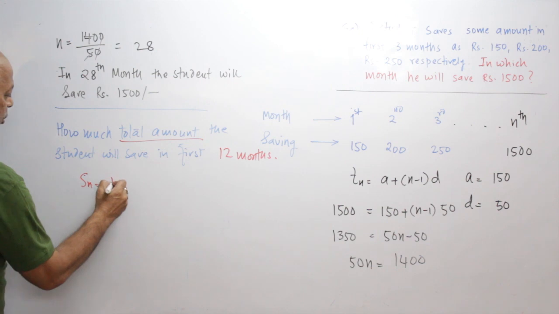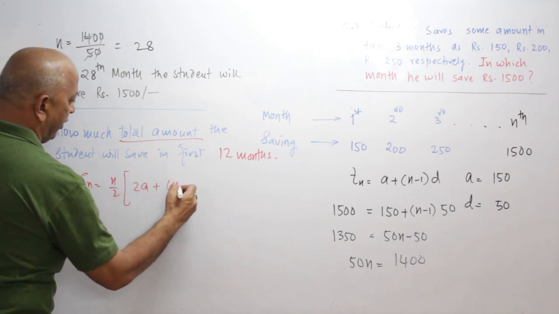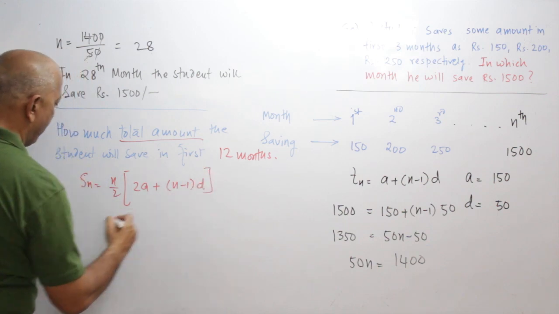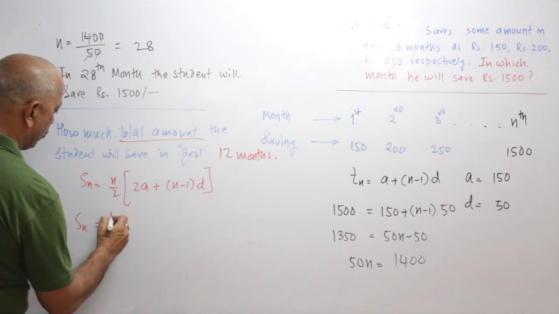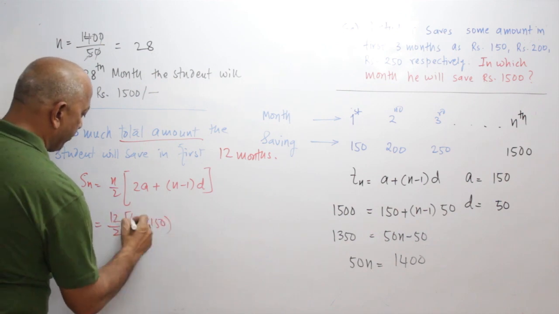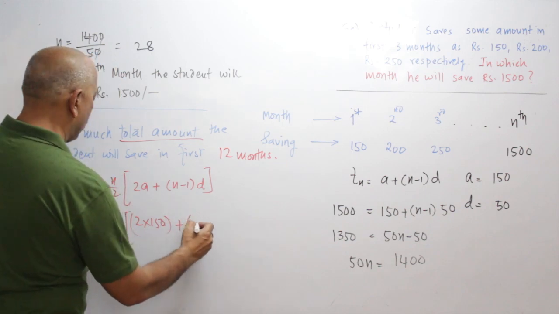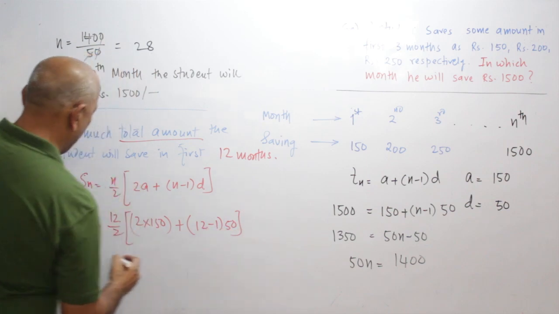So Sn is equal to n by 2 into bracket 2a plus n minus 1 into d. Simple formula. Sn, n is the number of months, first 12 months, so 12 by 2. First month 2 into 150 plus n minus 1, n is 12 minus 1, d is equal to 50. So you can solve here.